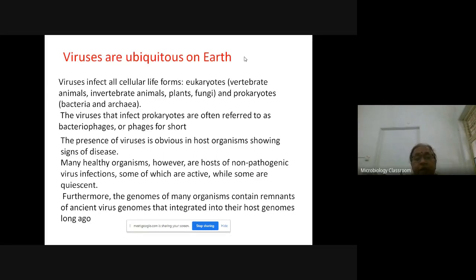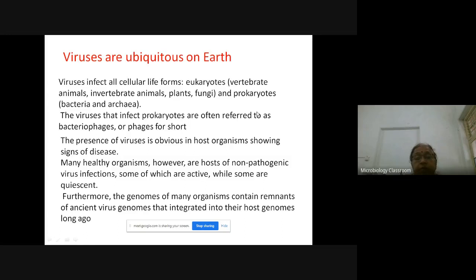Archaebacteria is a different class of bacteria with unique properties. Archaebacteria are also found to be infected with viruses. The viruses that infect the prokaryotes, as you all know, are known as bacteriophages or phages.